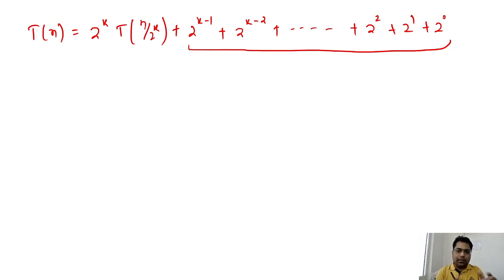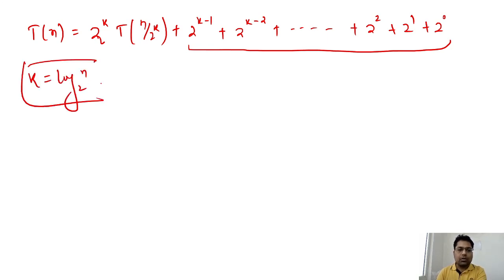I'm just winding up because it's a detailed video. Definitely we should focus on where the problem is. That is our main motto. So in this case, as we have discussed already, the k value would be log n base 2. We just found that in the previous one.